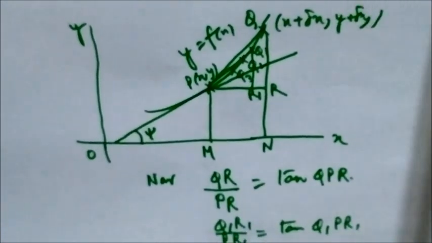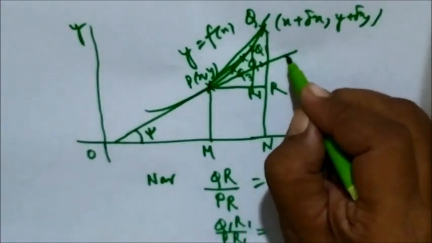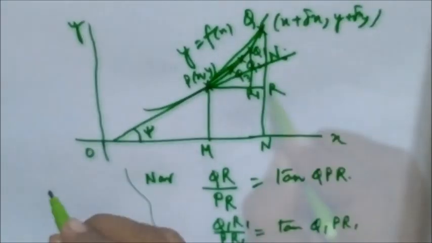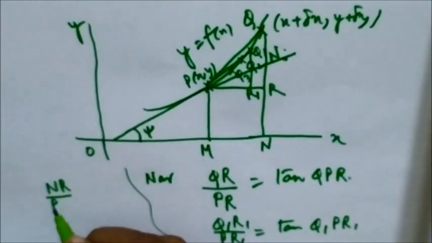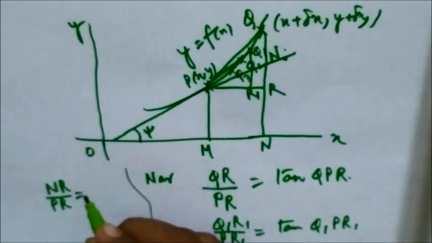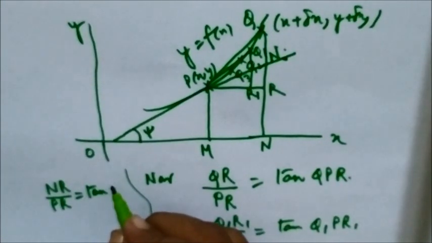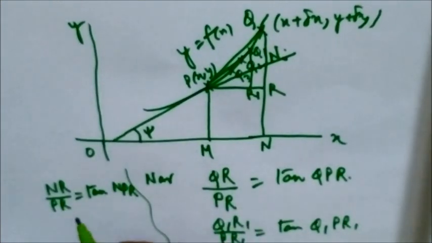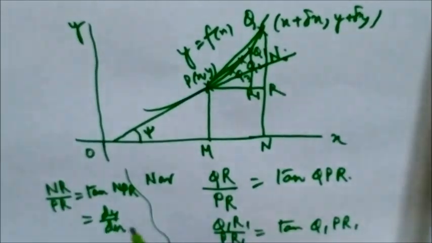In this way, finally we get NR by PR equal to tan NPR, and this is called dy by dx at the point P.